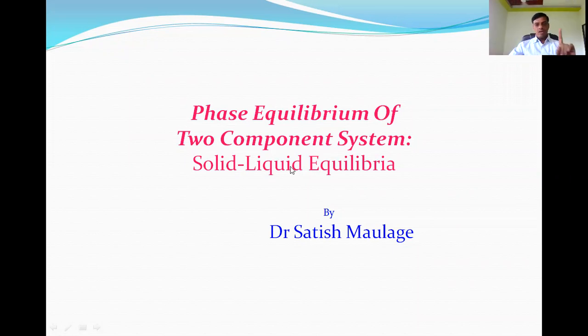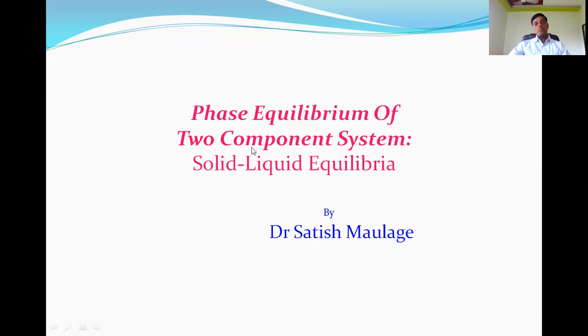First of all, let me tell you that today we are going to discuss phase diagram of lead silver system. Lead is represented by the symbol Pb, and silver is represented by the symbol Ag. Pb-Ag system, that is lead silver system.